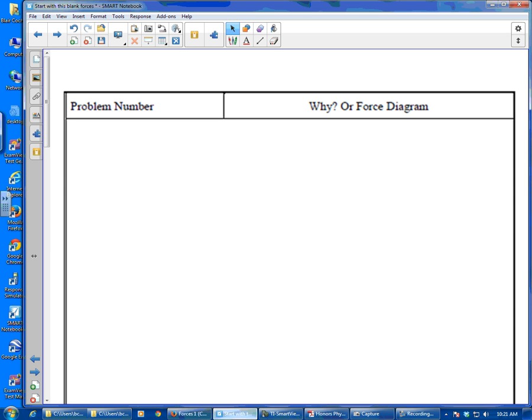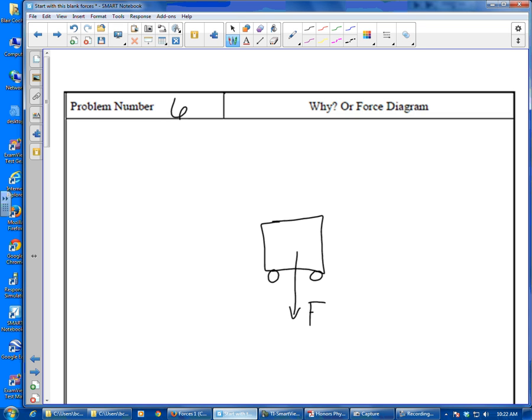So let's draw our force diagram. This is number 6. There's our car. Again, we'll put wheels on it just to make people happy. There is the weight, always downwards, towards the center of the earth. You're pulling it up with a rope, so there's a tension force. And we're told that it is accelerating upwards.